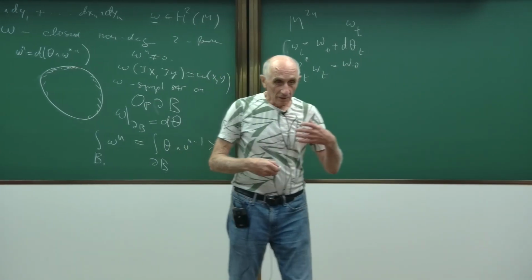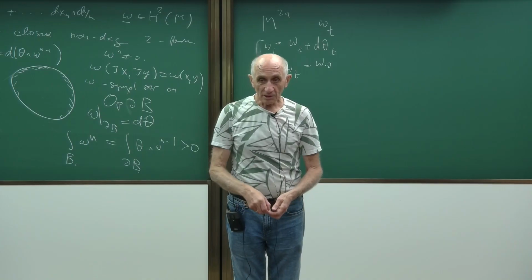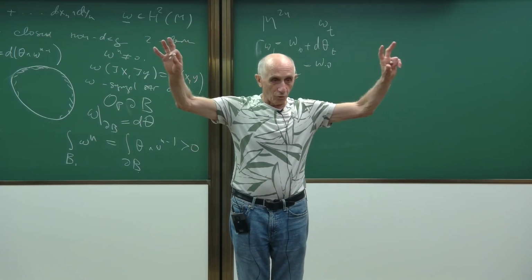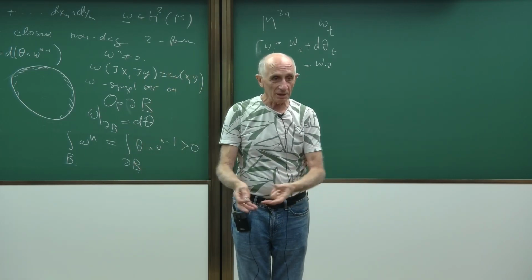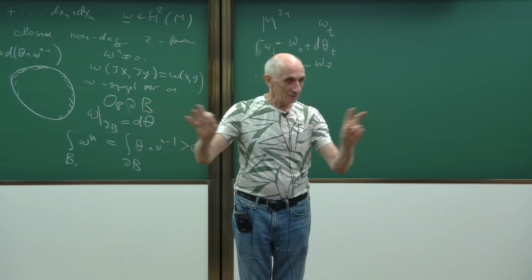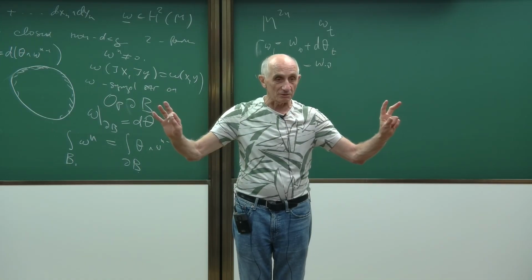So you can ask two questions. First, is it true that given two symplectic forms on the ball which are the same on the boundary, they are homotopic, which is the same as isotopic? Are they equivalent?